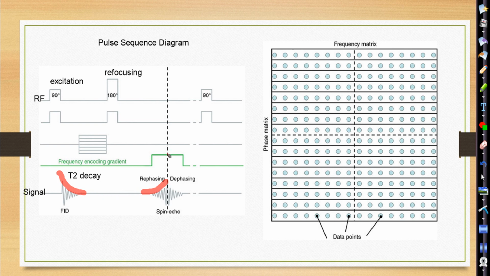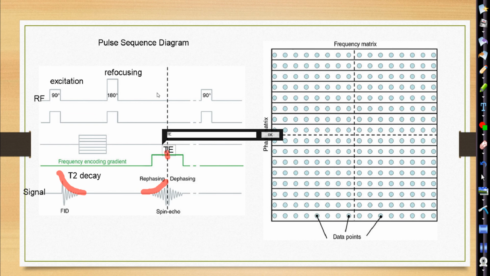And then we sample the signal at the highest peak amplitude. What's that time? The middle of our readout is our TE. Good. This is our TE, right at peak amplitude. TE is the time from your excitation pulse to peak amplitude.